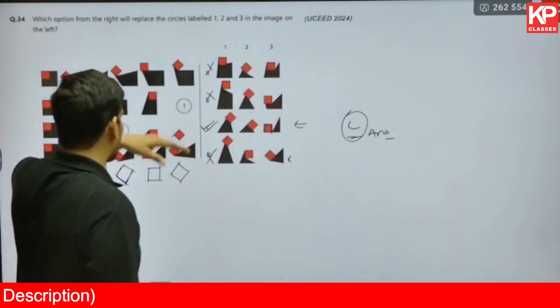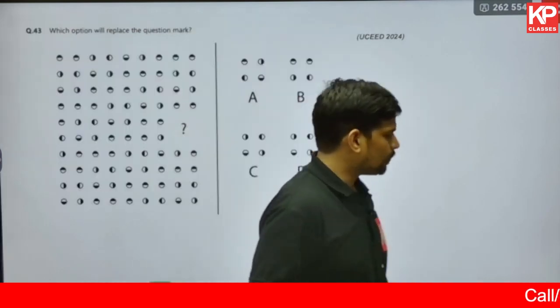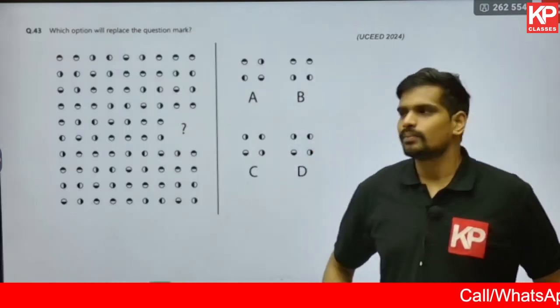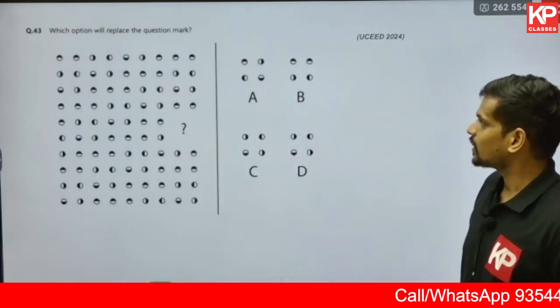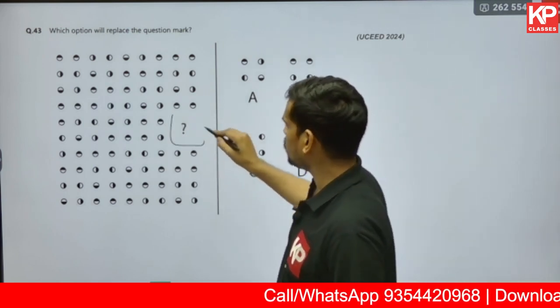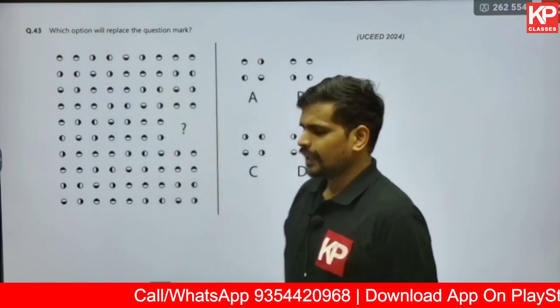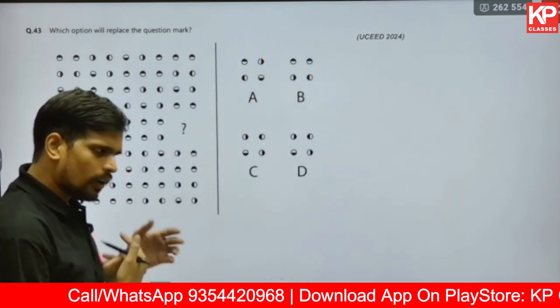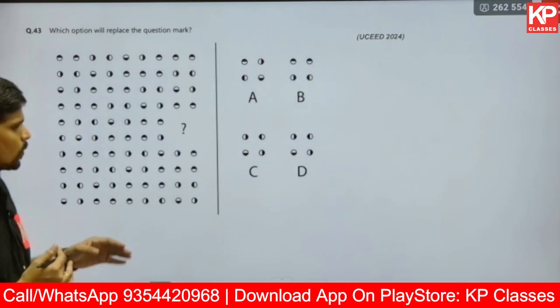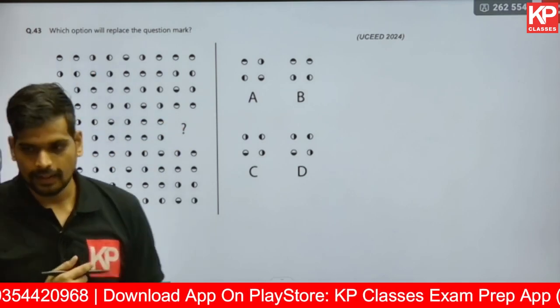Look for the columns and rows, common feature in columns, common feature in rows. However, it might not always be in terms of columns and rows. For instance, over here, this question is a past CEED question where you need to fill in this particular portion of the grid composition. Now here, do you have something common? Obviously there can be a column and row approach over here too, but all these are circles with half of it colored.